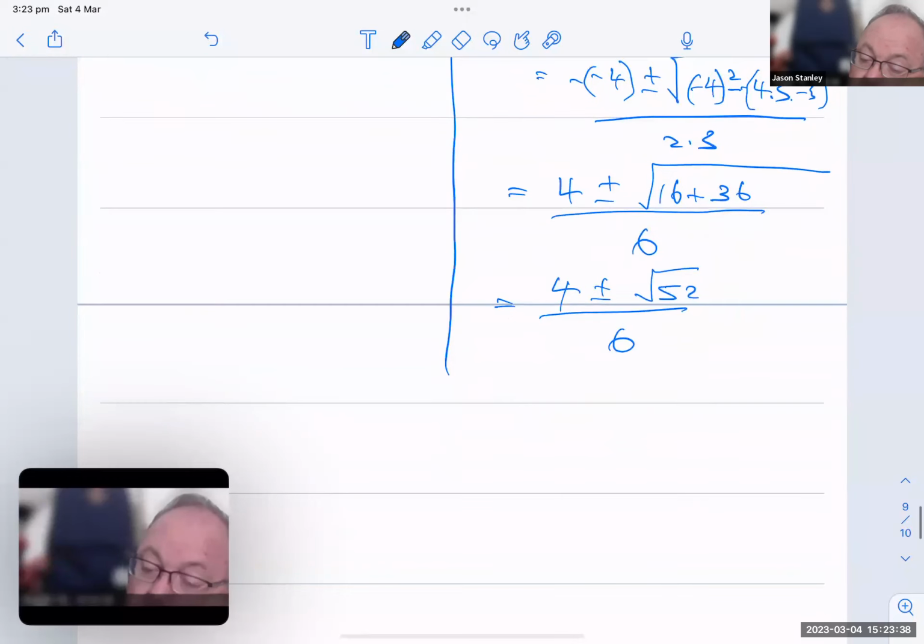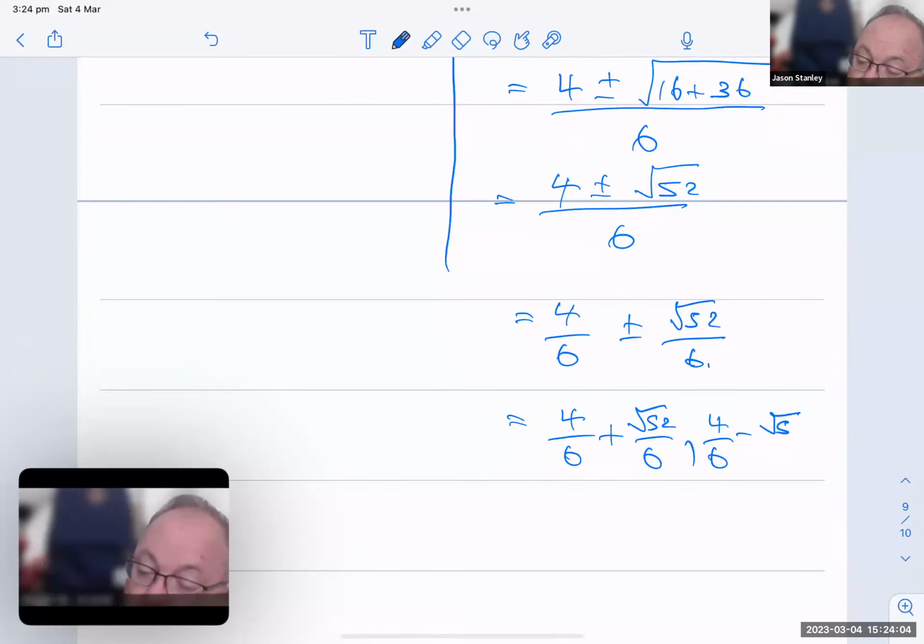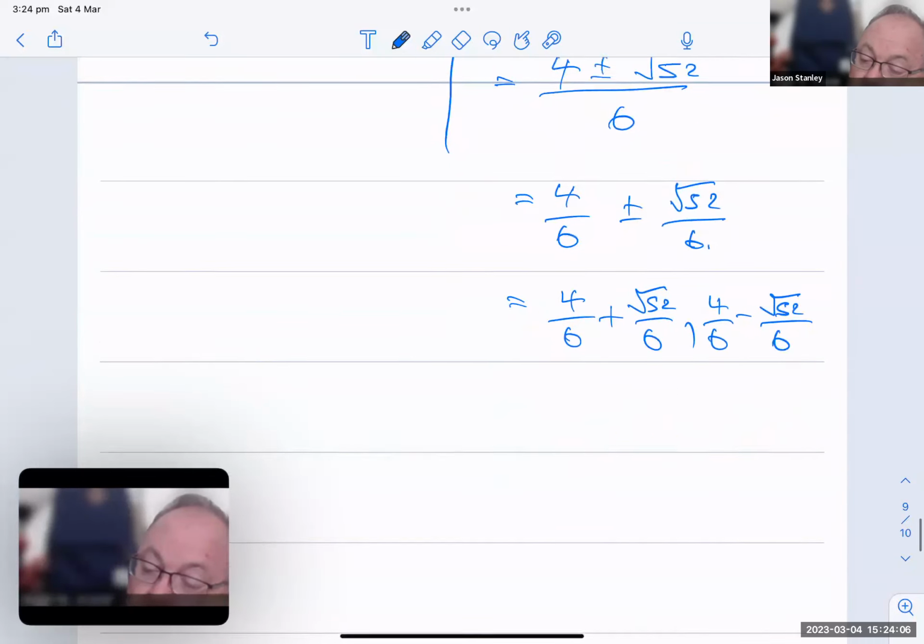Splitting the fraction. It's not going to come out easily because we're going to leave it as an exact value. So we're going to get 4/6 plus root 52 on 6, comma, 4/6. You might notice I didn't reduce the fraction because I wanted to leave the calculation.